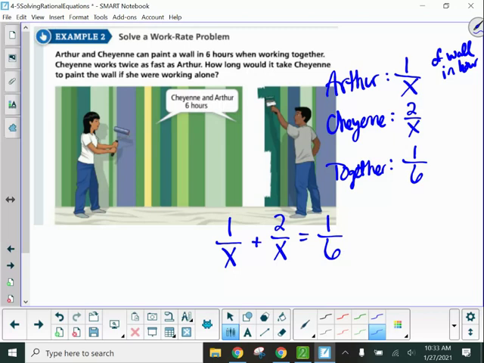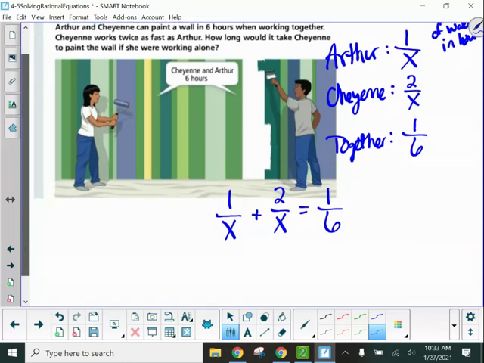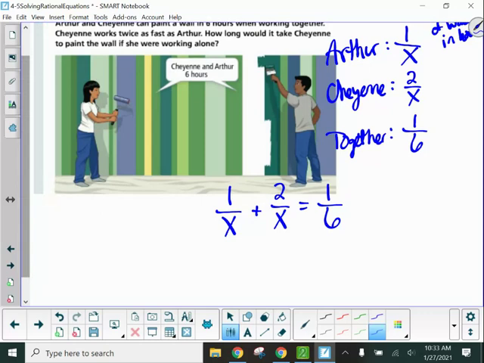Now, luckily with this, and this is why this question comes up now instead of later, both of your fractions here have x in the denominator, so I can go ahead and add those together. I get 3 over x equals 1 over 6. I cross multiply those, and I get x equals 18.